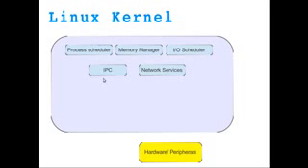Also, the kernel is composed of IPCs, and IPCs are inter-process communications, and this comes into play specifically with multi-threading, allowing for semaphores. And if you don't understand some of these concepts, it's alright. In due time you will.